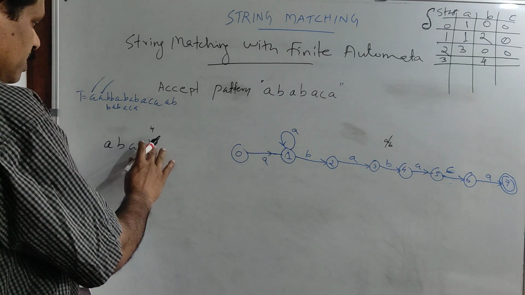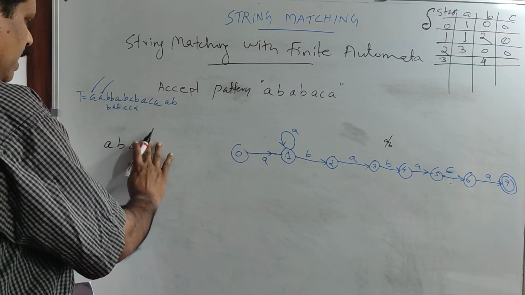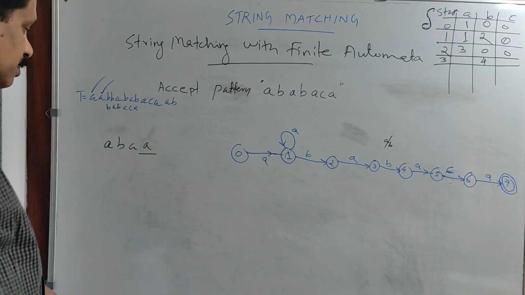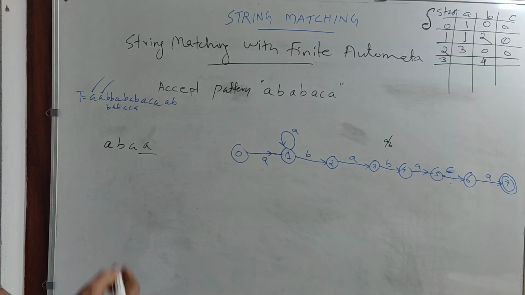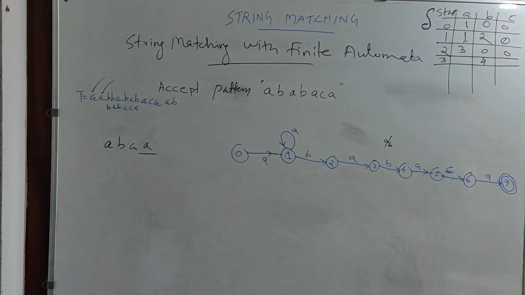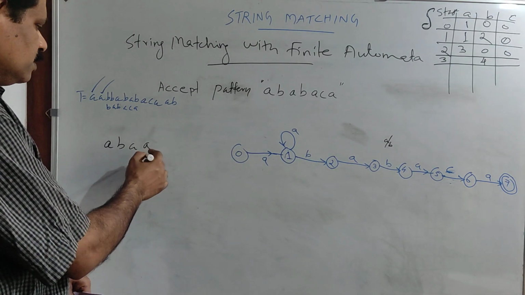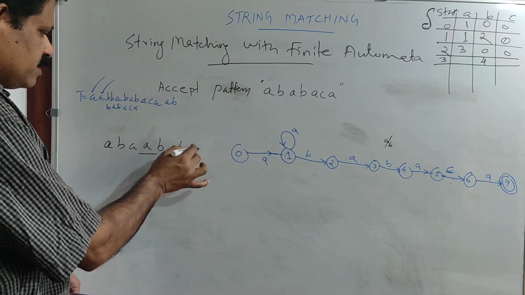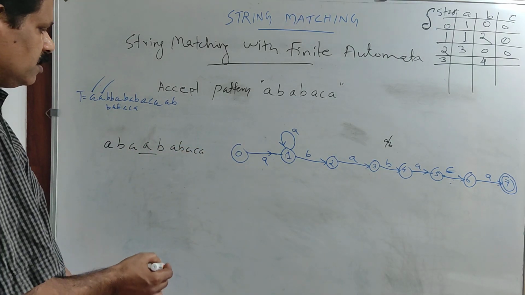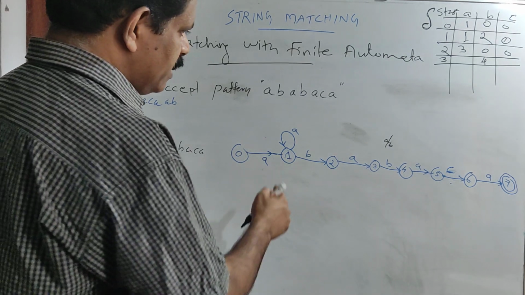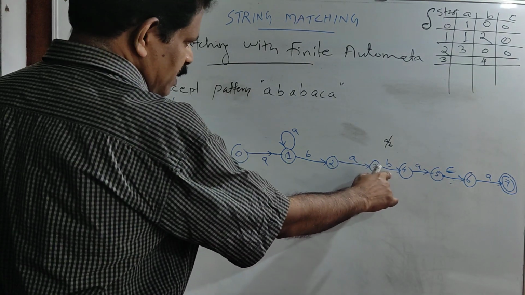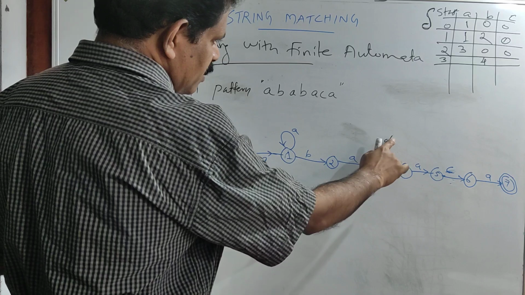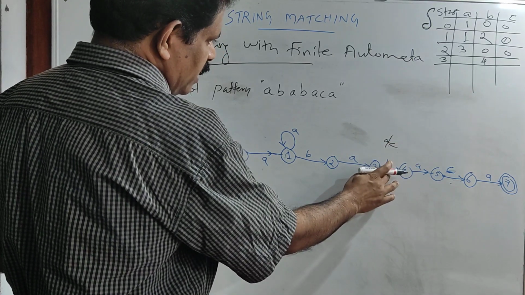If it is getting again A, then what is the next state? If it is an A, there is a chance for getting A, B, A, C, A. Getting an A here, it was expecting a B, but got A or C. Okay. It got an A here.